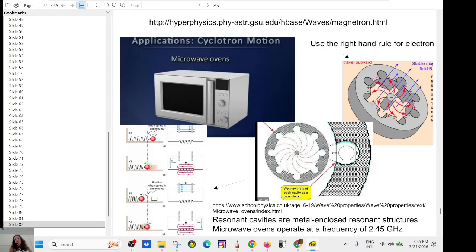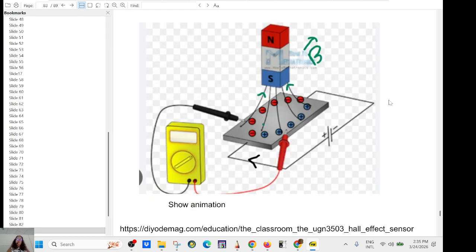If you are interested, I think in Canvas you will find a video that explains how it works. It's super smart technology. Once you understand the physics, you understand how it works, but it's super smart because it took a while for the Americans to understand how the British did it. So lots of applications as well.